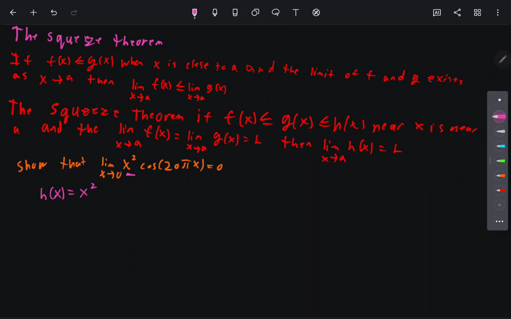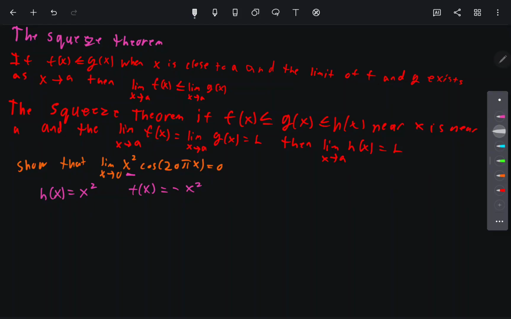And our f of x is equal to negative x squared. And you might be wondering, why did I choose negative x squared? It's because sometimes this cosine value is going to make this function negative. So it's important for us to have bounds on both sides that are going to encapsulate this.